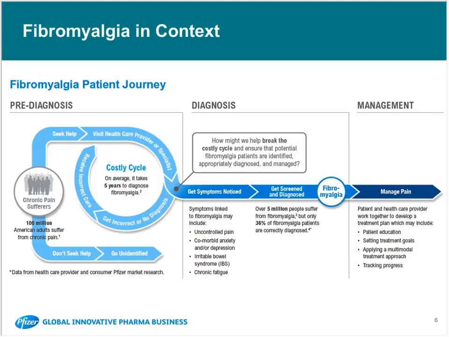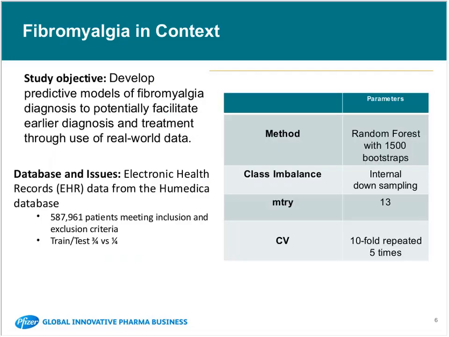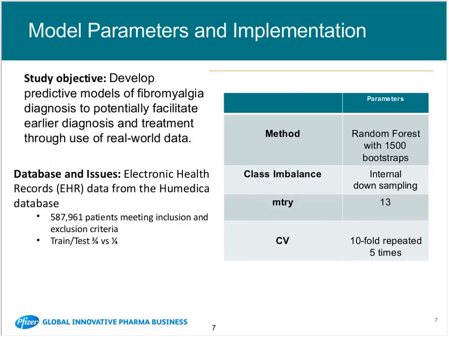The idea was that if you can use some of the data mining methodology using electronic record models, from an insurance or payer's perspective, can we diagnose these patients early enough so that whatever treatment is out there, these individuals can utilize it and actually feel better.